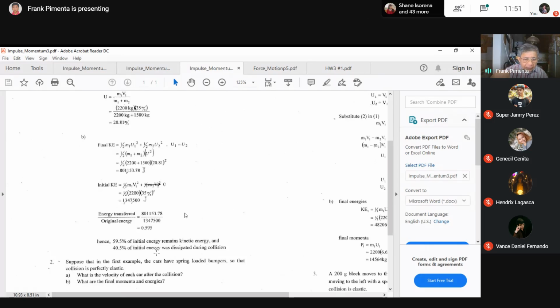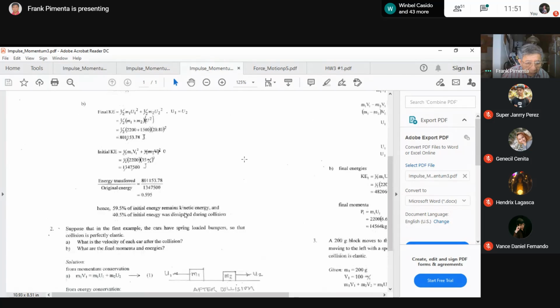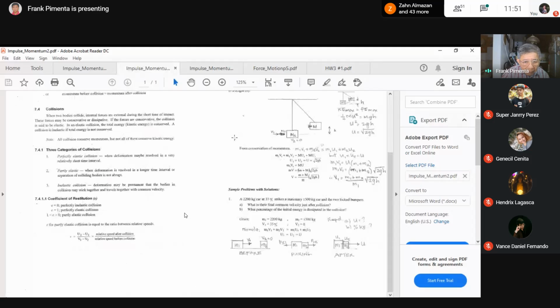The kinetic energy is not conserved here because the type of collision is inelastic, where e equals 0. So that is how to apply the law of conservation of momentum.